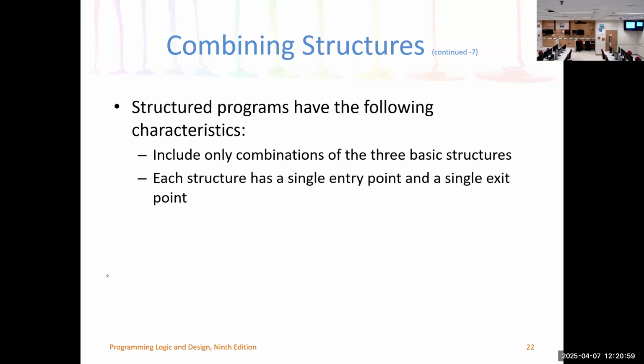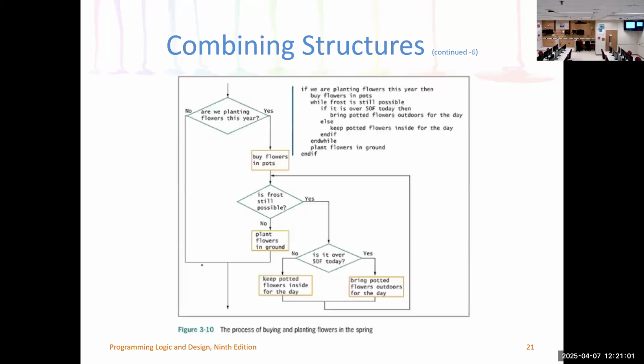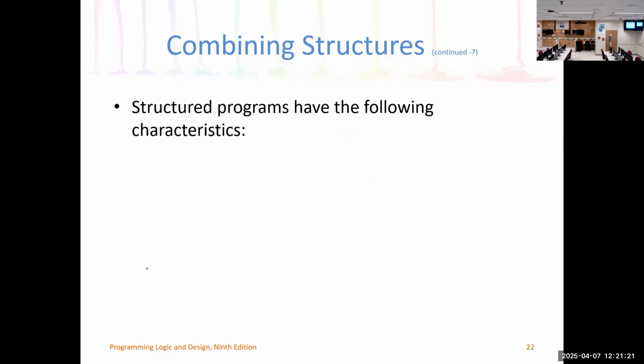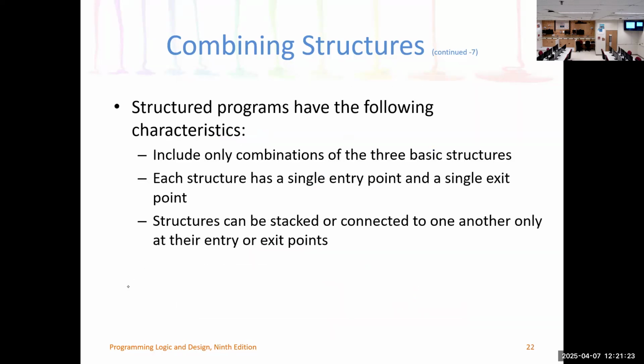Whatever structure it is, in all of these programs, for the selection you have one input and one output, right? For the loop also, you have one input and you have one output. For any structure, you only have one input and one output.